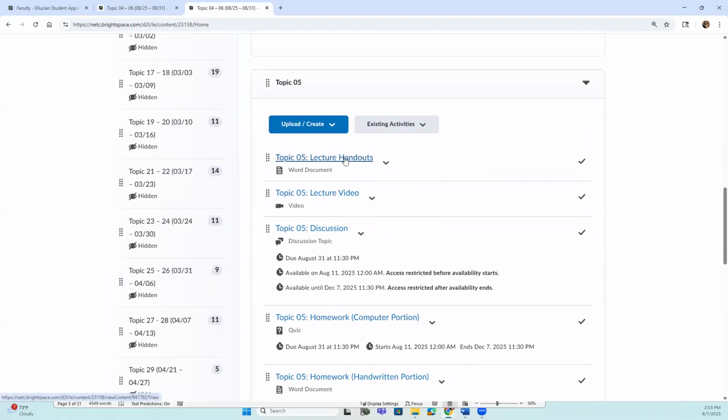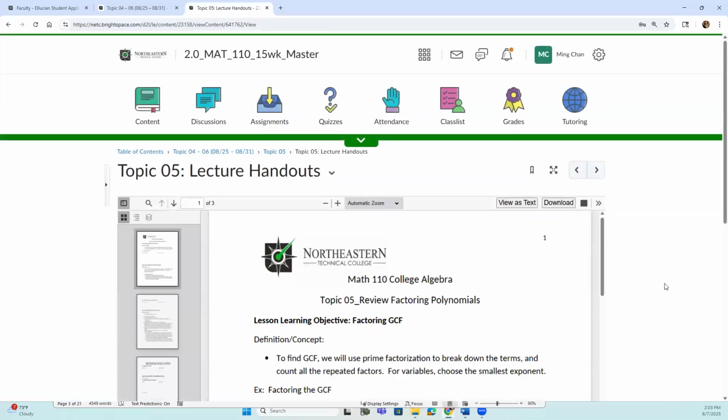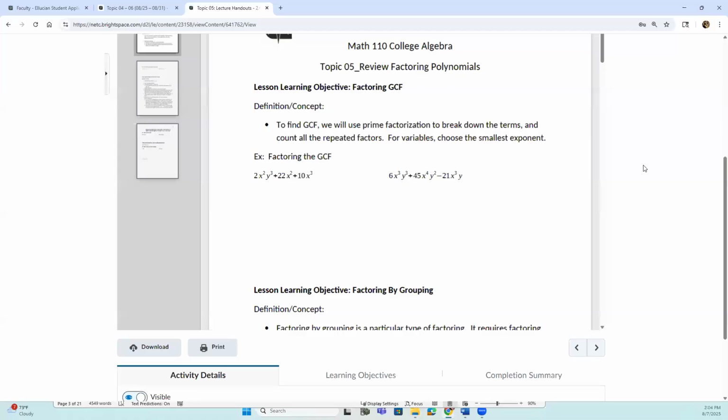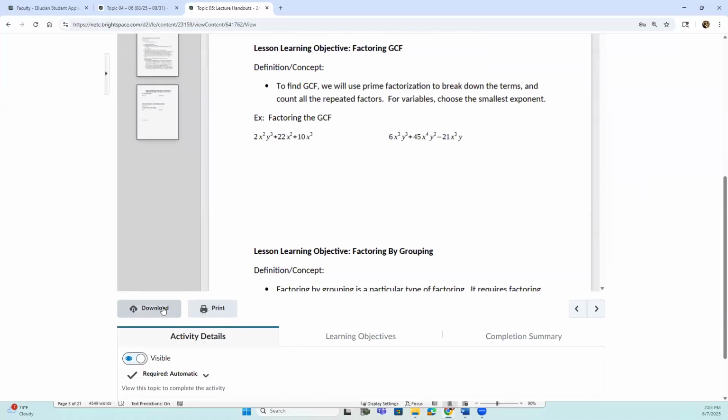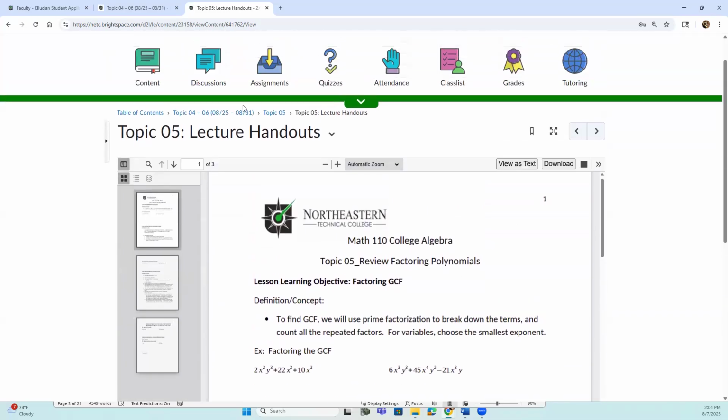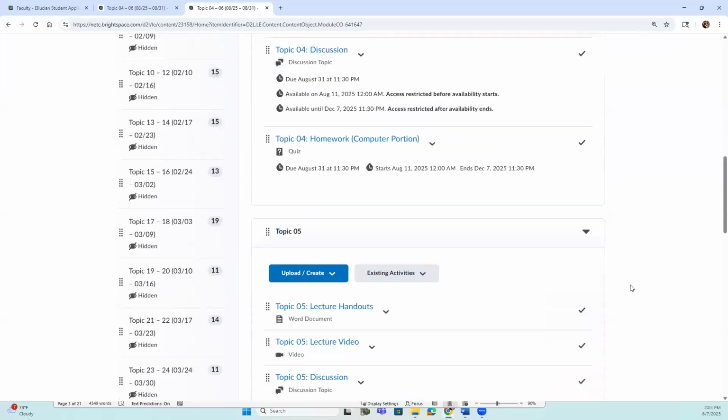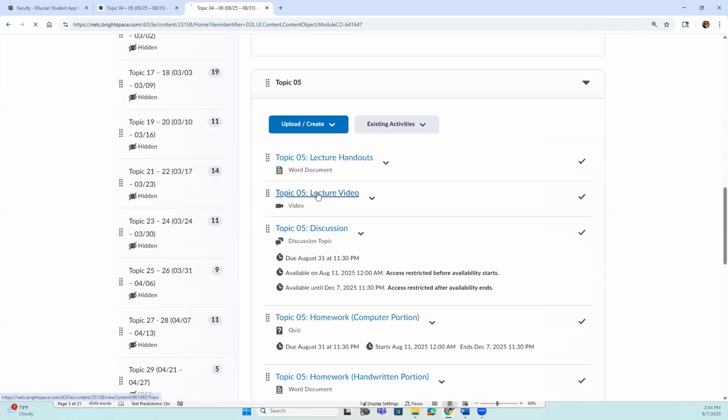What students normally do is click on the lecture handout. You can print or copy down what's on the lecture handout. Scroll down a little bit, and if you want to print, click on download and print this lecture handout from Word document. Once you've printed the lecture handout, you can use it to watch your lecture video and take notes on the handout you printed.